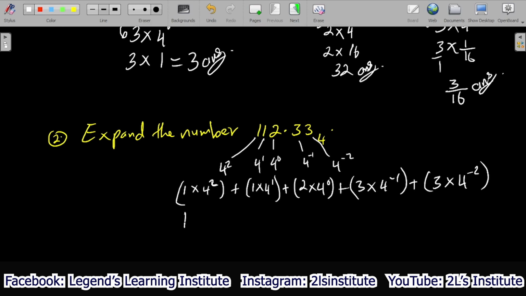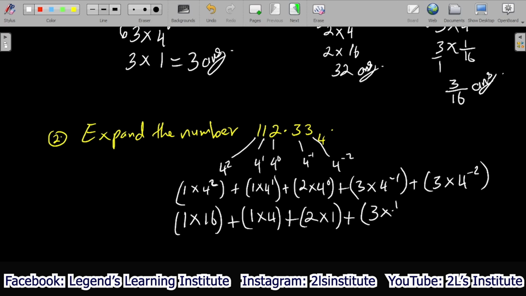That is the same as 1 times 16, plus 1 times 4, because 4 to the power of 1 is 4, plus 2 times 1, because 4 to the power of 0 is 1, plus 3 times 1 over 4, 3 times a quarter, plus 3 times 4 to the power of -2, which is 1 over 16, so that's 3 times 1 over 16.